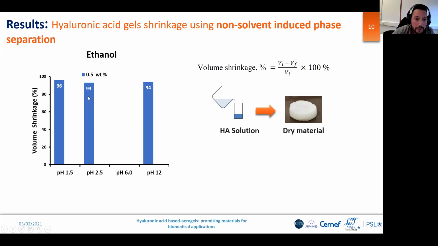For this result in ethanol and low concentration of hyaluronic acid, we observed that from the 4 pH, only 1 pH wasn't able to get the material. For the others, it was possible to get a dry material, and in all the cases, the shrinkage was higher than 90%.